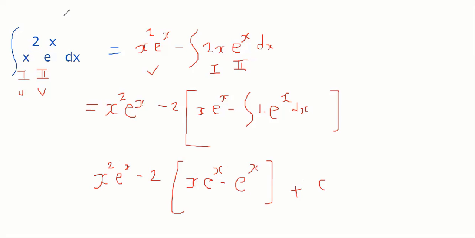So many people miss that, guys. What do they miss? Many people miss this part. These are again two functions, so we again have to apply the integration by parts of the product. Good, everybody clear now? Though it was easy, a small thing can be missed.